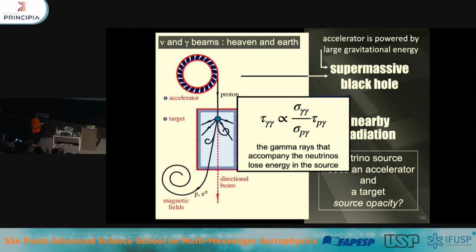So this is astrophysics, because you need to know the densities and whatnot. But this here is particle physics. This we know very well. This is essentially the ratio of pion to electron masses to some power. That means this number is larger than 1, which means that if you have a target thick enough that the protons are interacting, making pions, that target is going to be so thick that the gamma rays are no longer going to be able to exit it.